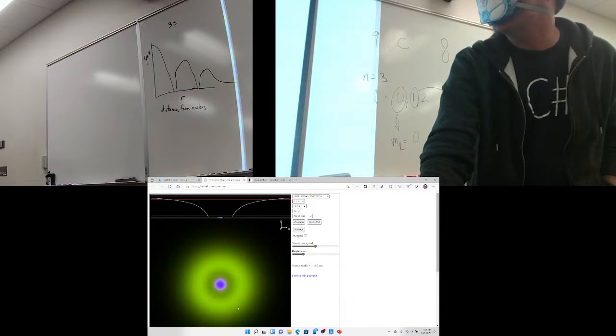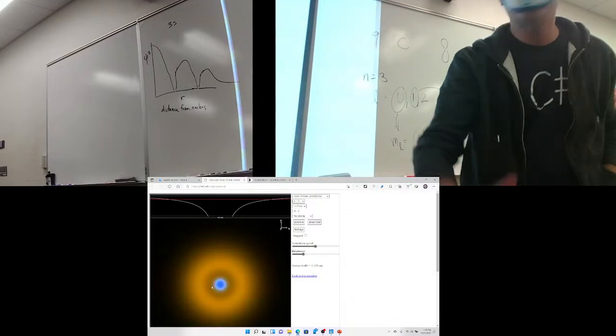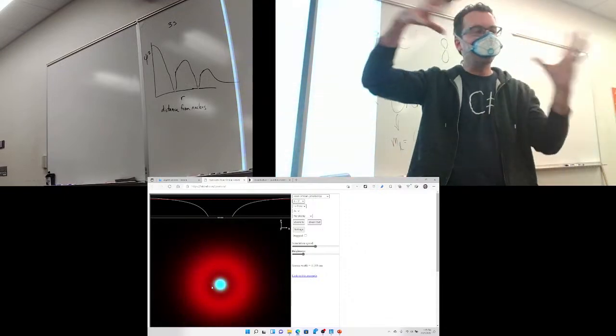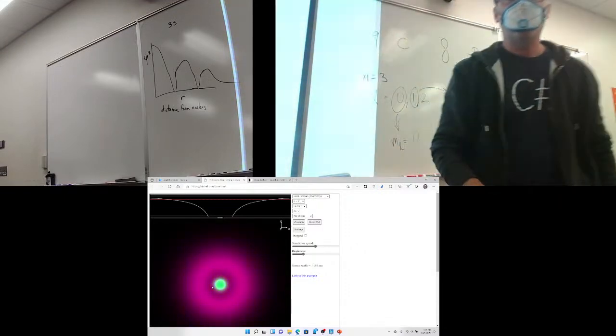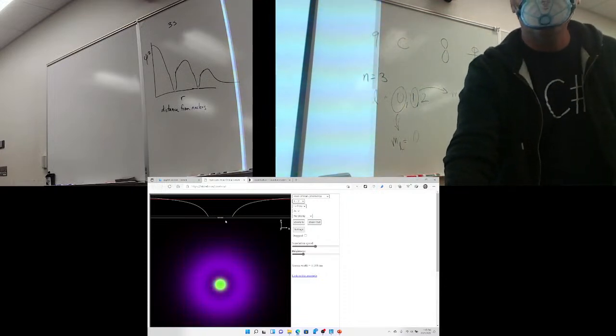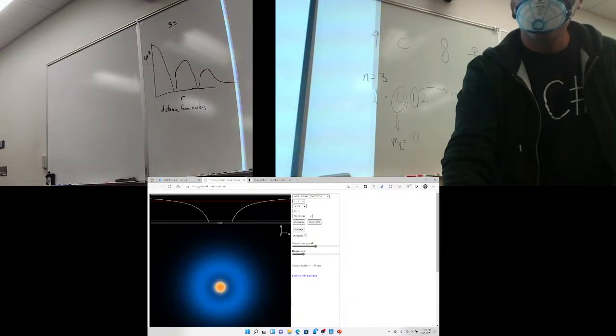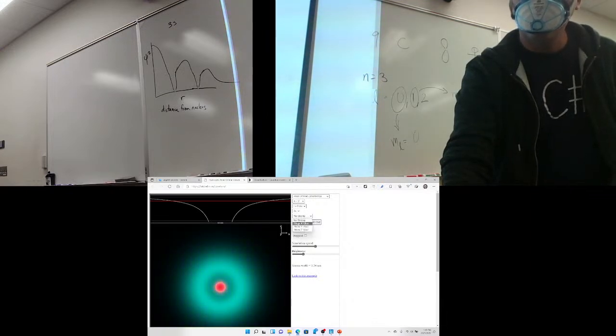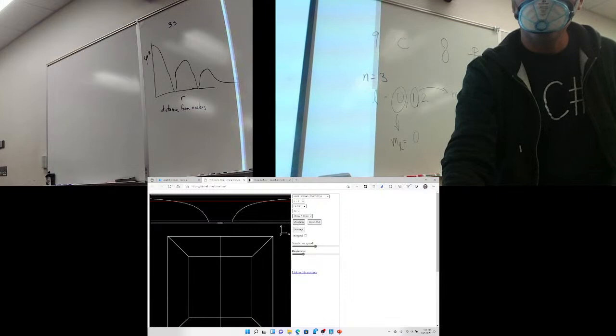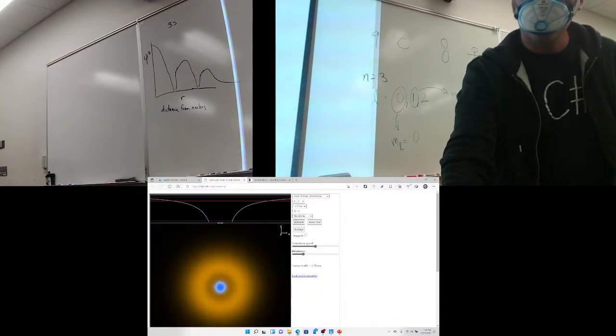So it's spherical, but there's this one region right between the inner and the outer sphere that there's no electron density. Let me see if I can show that here. Let's slice it. No. Let's not slice it.